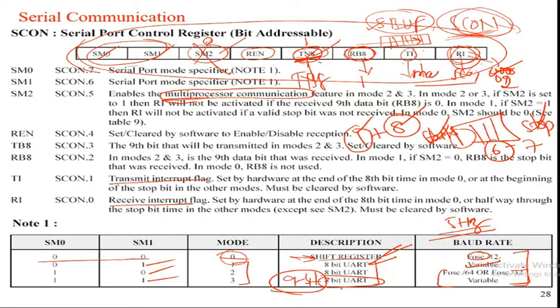So the baud rate changes based on the different modes. The mode specifies how many bits we are transmitting, whether 6 or 7 or 8, and at what rate we are transferring. That differs with the modes, and these modes are defined with SM0 and SM1. This is a brief overview of the 8051 microcontroller.